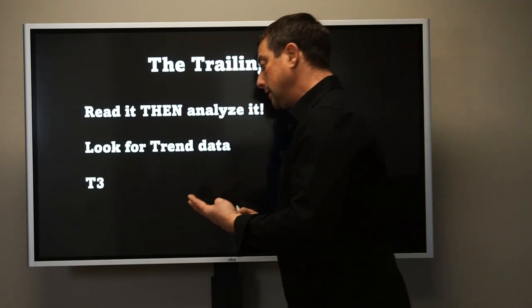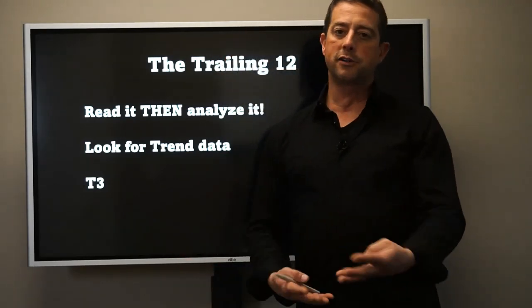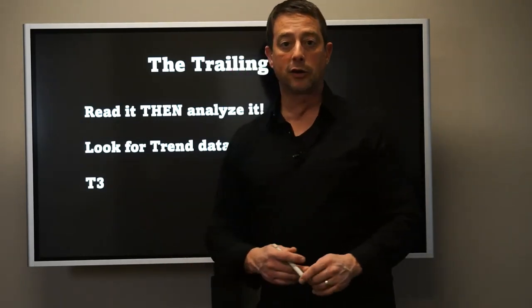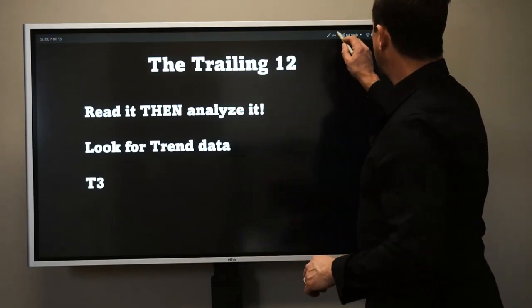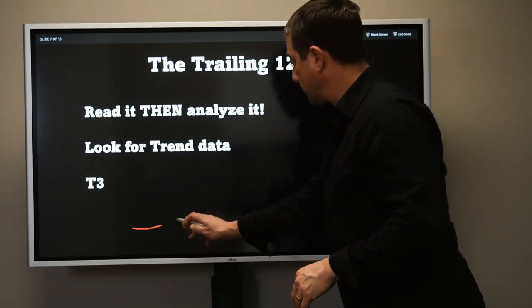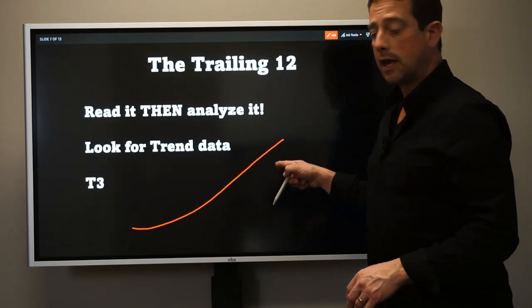So when you bring this profit and loss, this trailing 12, to your lender, and you say, hey, lender, I'm interested in getting a loan on this property, they're going to look heavily at that T3, and they're going to see what the trend is doing. And if the trend is going up, so let's say the revenue is trending upwards, then you're going to have a lot easier time getting a mortgage.